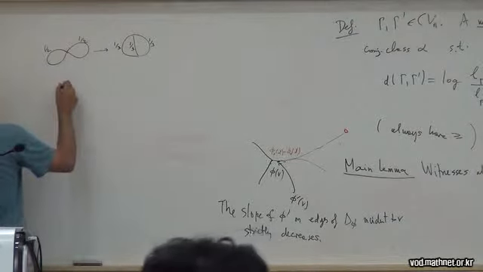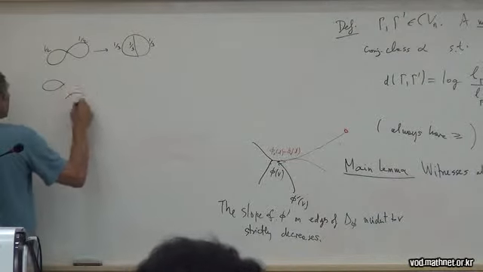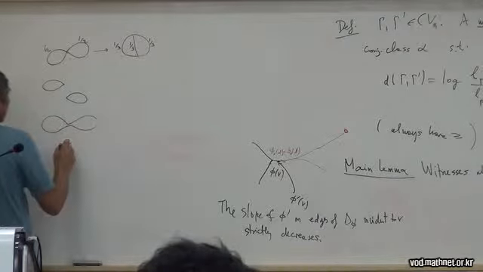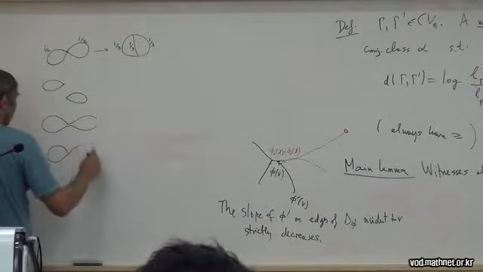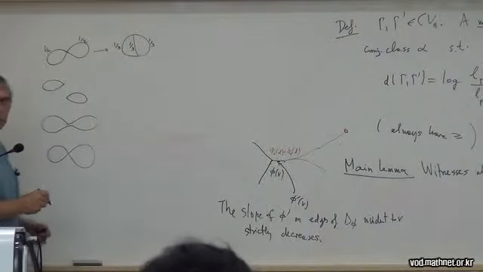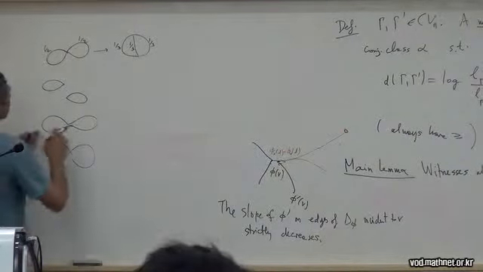What we have to check is this loop, and then the loop like this, and then we also have to check a loop like this that goes around. Those 4 loops.